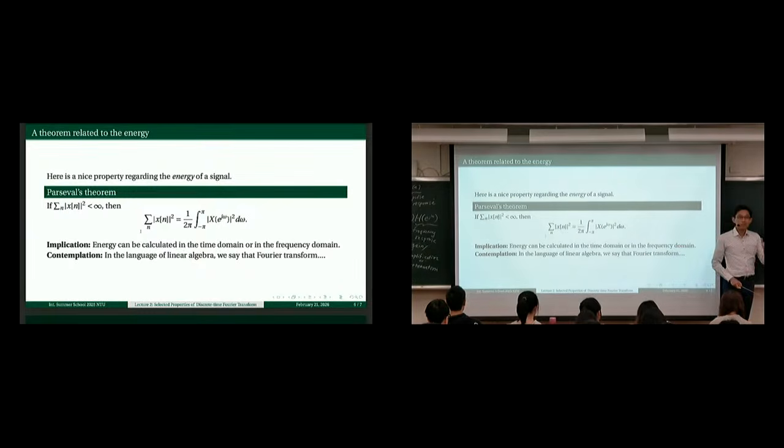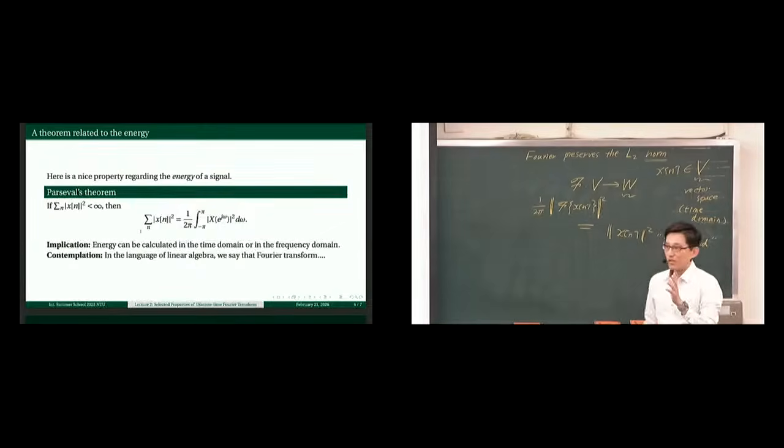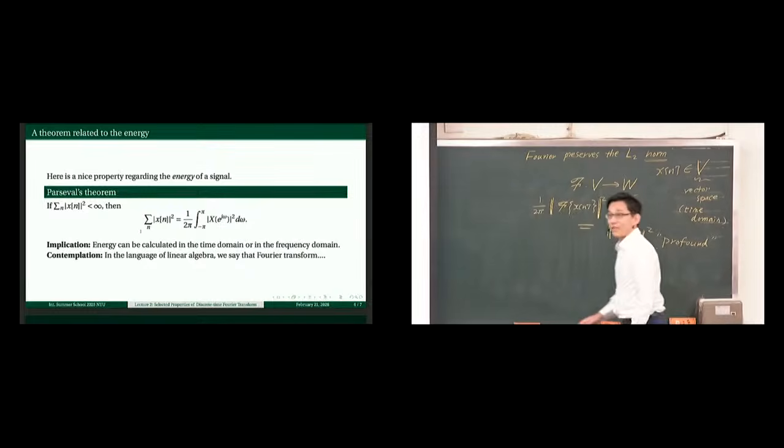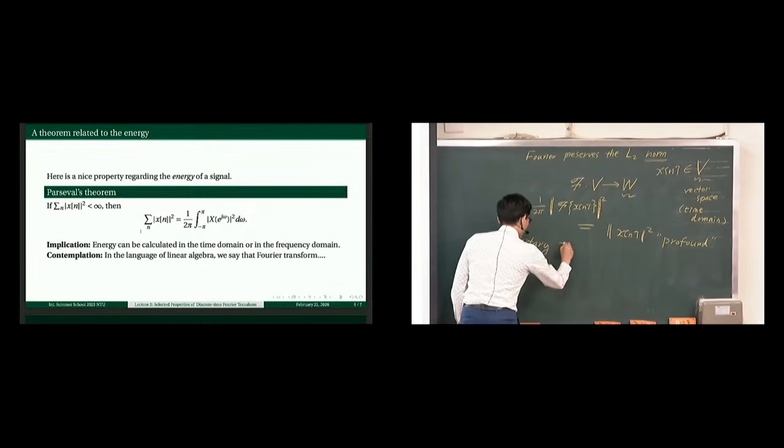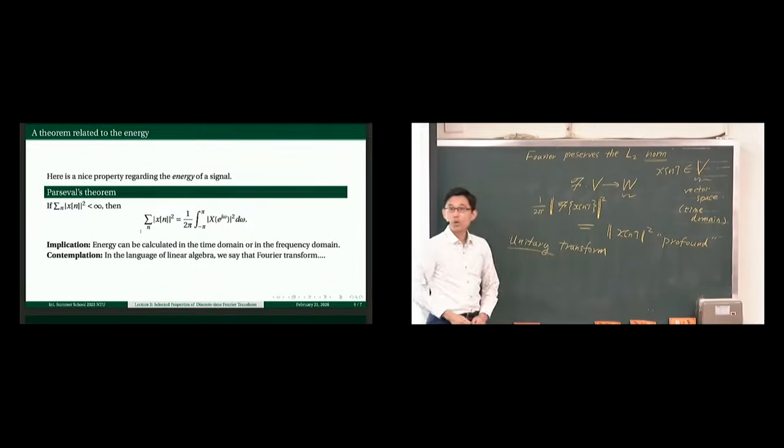Does anybody know that for norm-preserving transformations, there is a term? Unitary isomorphism. Yeah, unitary, thank you. Unitary transform. Check your linear algebra. Fourier transform basically is unitary in that it preserves the norm.